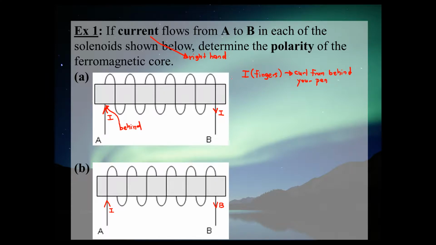Now, if you take your fingers and you curl them in from behind your pencil, what you're going to have is your thumb is going to point towards the right. Your thumb is the direction of the magnetic field. So that's the symbol B. So your thumb would point towards the right.